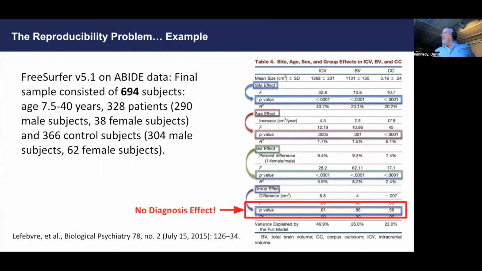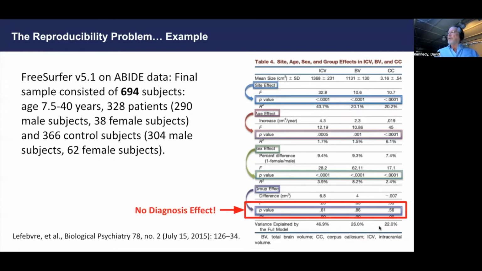So the concern, of course, is that an effect size of 0.5 Cohen's d is a relatively small effect, and all of the studies that went into that meta-analysis only had at most 100 subjects. So the power in those studies to detect an effect of the order of magnitude of a Cohen's d of 0.5 was exceedingly low.